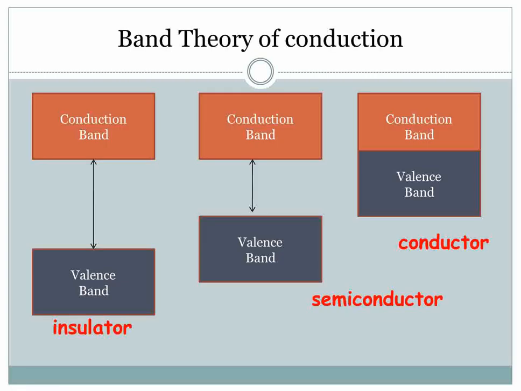This is the band theory, in which we describe the insulator, semiconductor and conductor. What is meant by valence band, and what is meant by conduction band? If the electron is bonded with the nucleus, the collection of those electron energy levels is called the valence band.